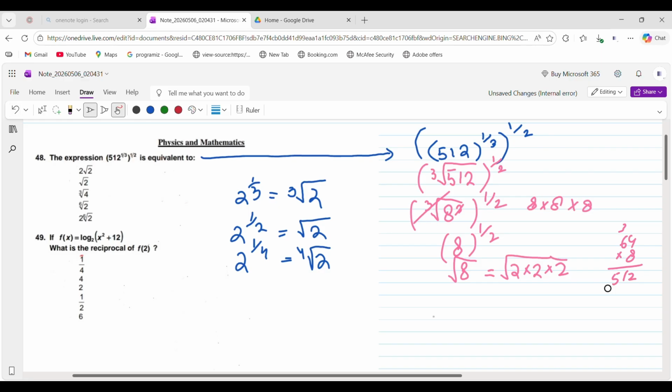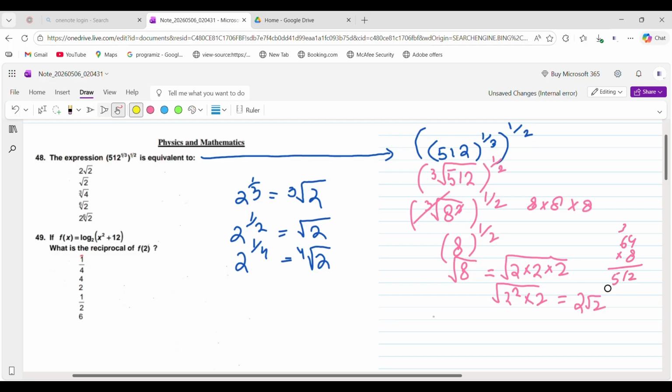So now I can write it as 2 power 2 into 2. Now one 2 is out and another 2 is inside the under root. So under root 8 is equal to 2 under root 2. So our answer is option A, which is 2 under root 2.